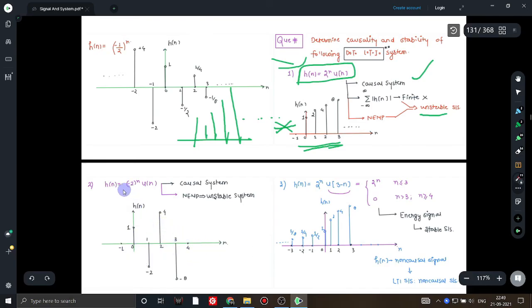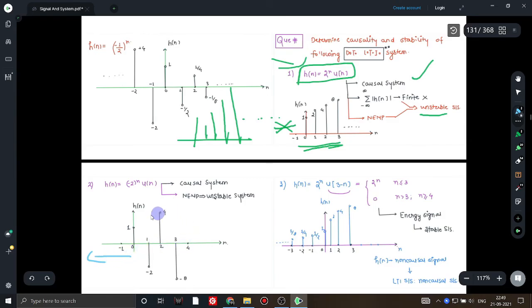We have made the graph of this h[n], and by looking at this graph, we concluded that it is a causal system. Why? Because this unit impulse response is a causal signal. Why is it a causal signal? Because at t less than 0, there is no graph.